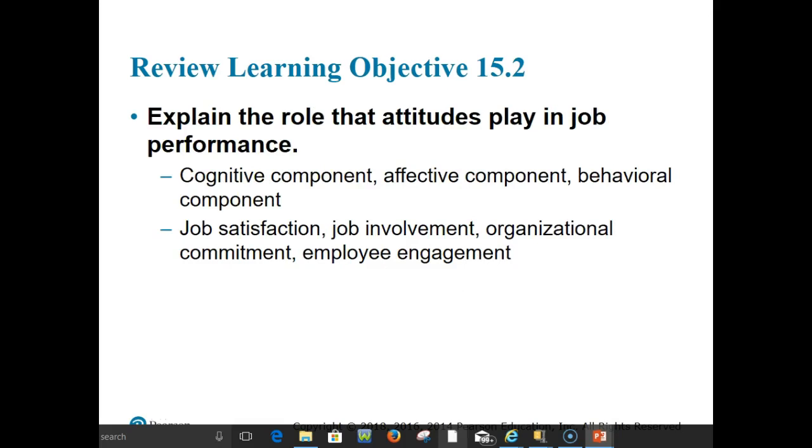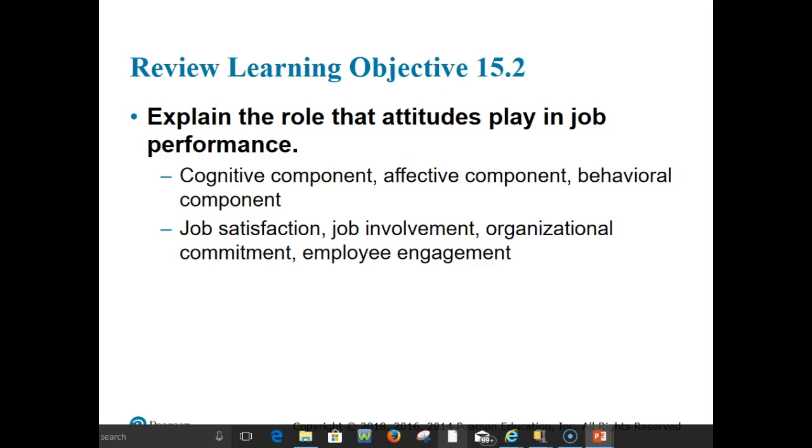In review of our second learning objective, the cognitive component refers to the beliefs, opinions, knowledge, and information held by a person. And the affective component is the emotional or feeling part of an attitude. The behavioral component refers to an intention to behave in a certain way towards someone or something.